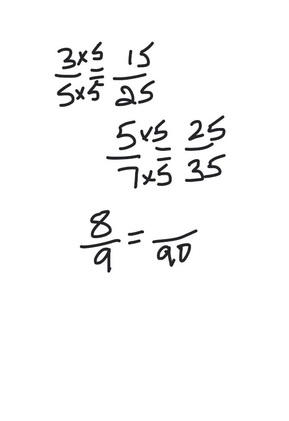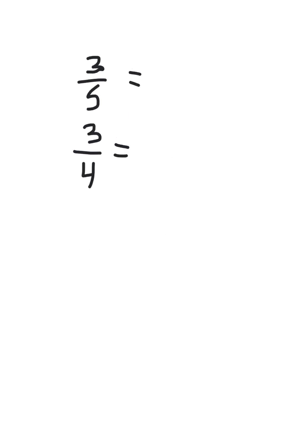So 8/9 to some number of 90ths, multiply the top and the bottom by 10, and we get 80/90ths.